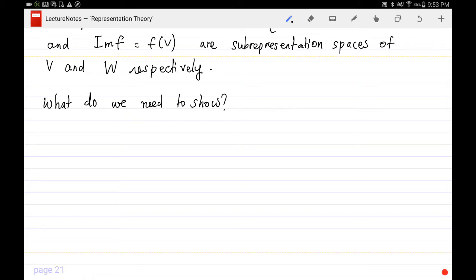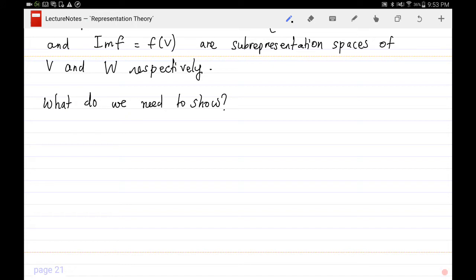I think in the second video I was a bit careless, and I called the representation space a representation. But we say that a sub-representation space is a subspace of the representation space that is stable under the action of the group. In other words, when I get a representation of the group and act by any operator on a subspace of my vector space, the outcome is another vector in the subspace of the representation space.